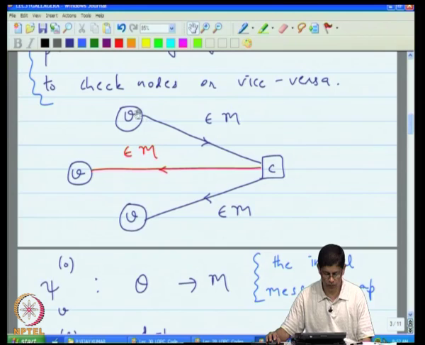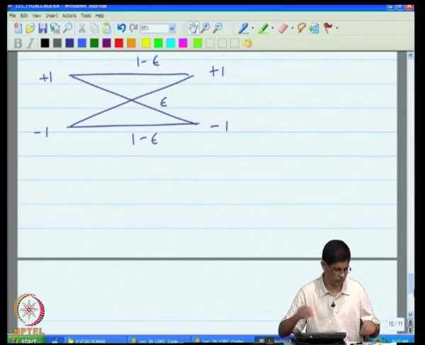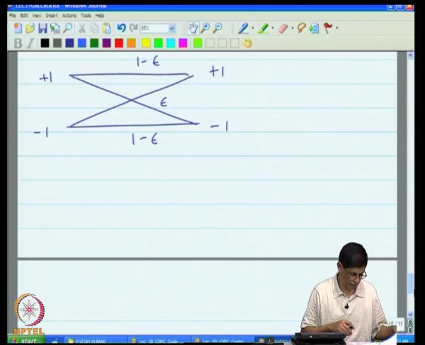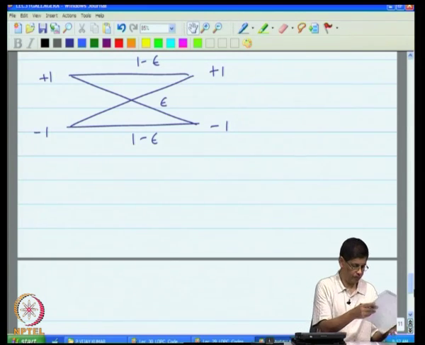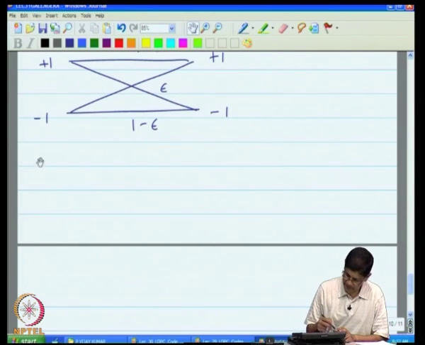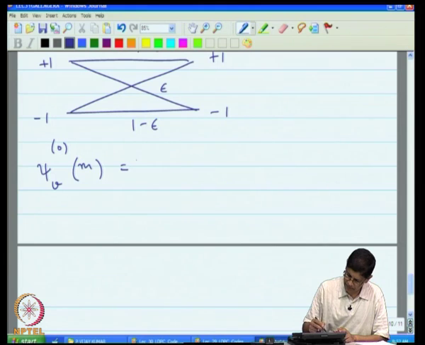At a check node in Gallager's algorithm, messages again are all +-1, it just simply sends the product of the incoming messages. So, let us just put that down. Psi sub 0 of m is simply equal to m.